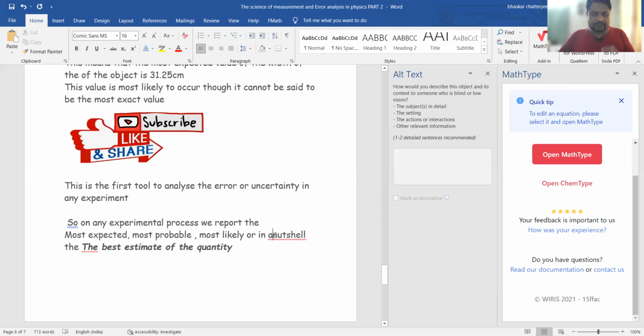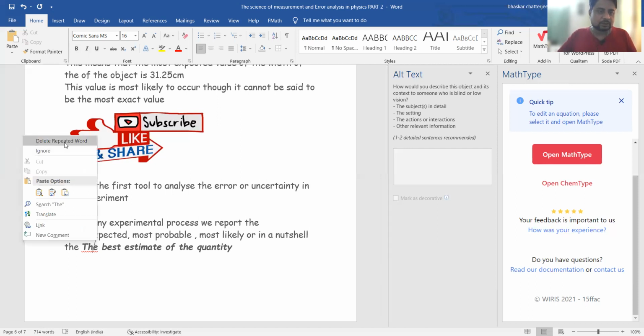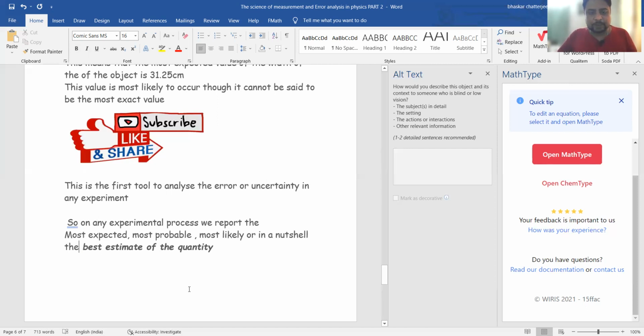We cannot report the exact, most accurate and most determined, sure value of any object. What we report is the best estimate of a quantity.